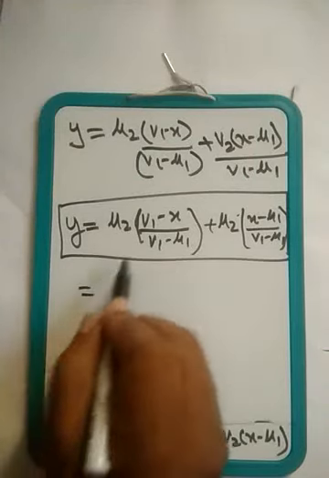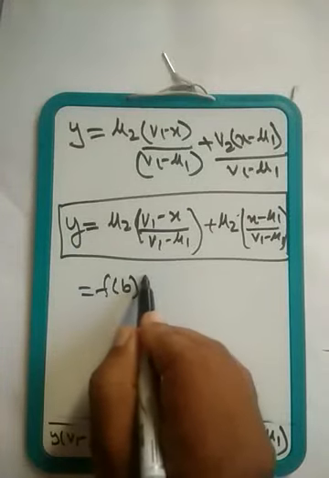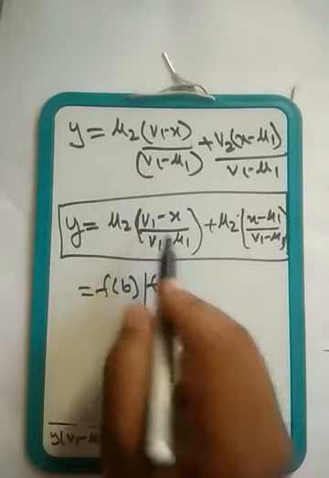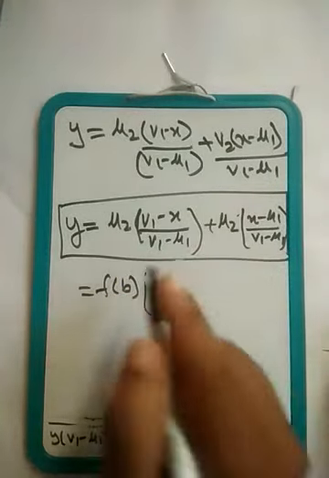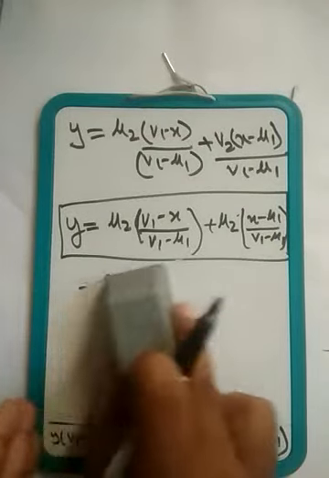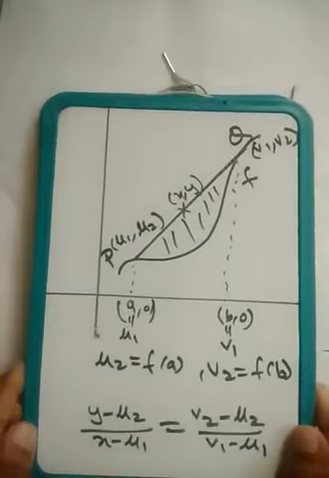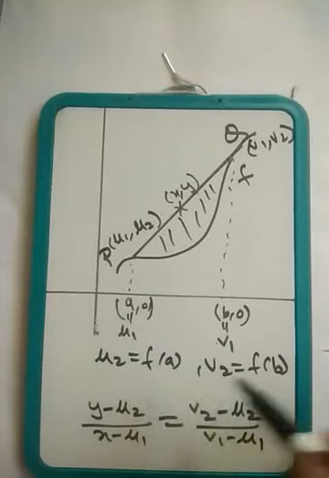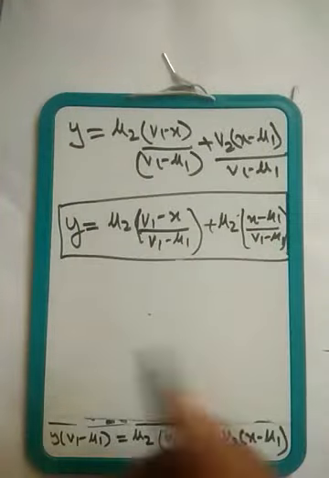Alternatively, u1 is a, u2 is f of a, v1 is b, v2 is f of b. So what do we have?